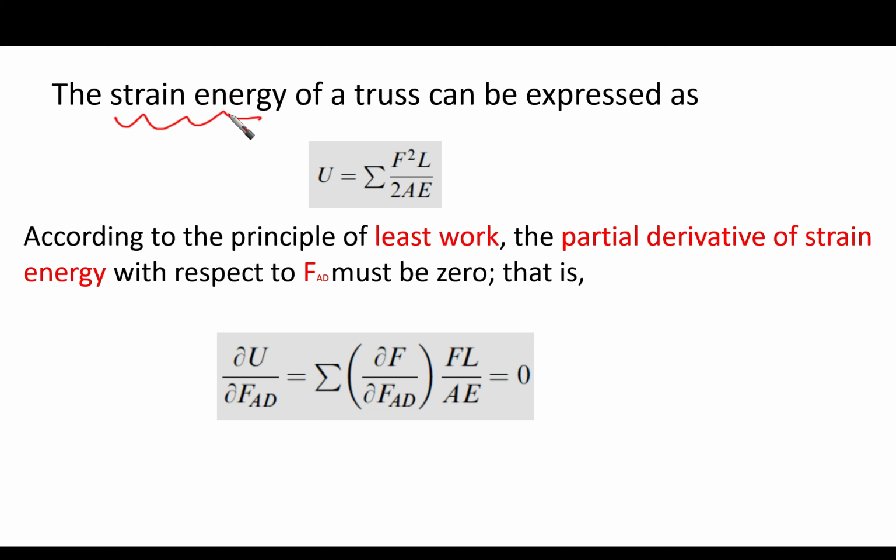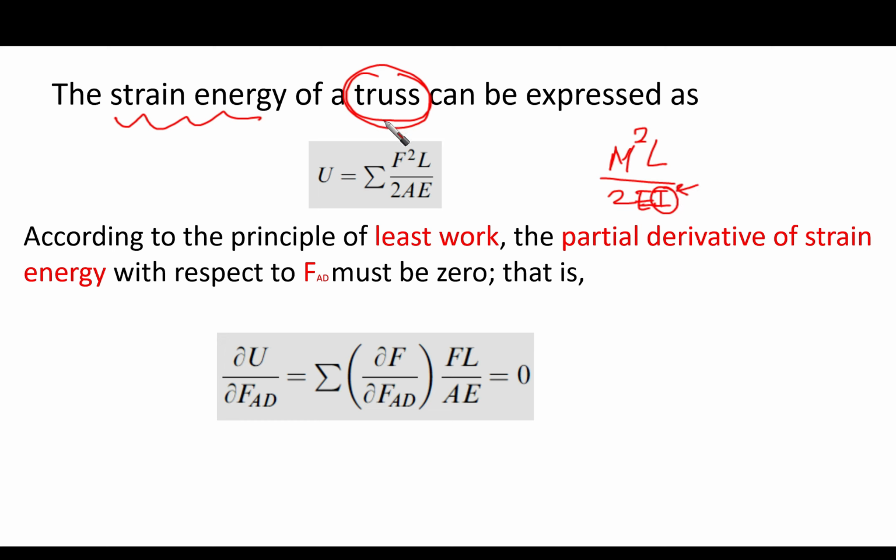The strain energy of a truss can be expressed as, remember that we are dealing with a truss, not a beam, F squared L over 2AE. Before, if you remember, for the moment M, which is related to beams, it was M squared L over 2EI, because we were dealing with the inertia.